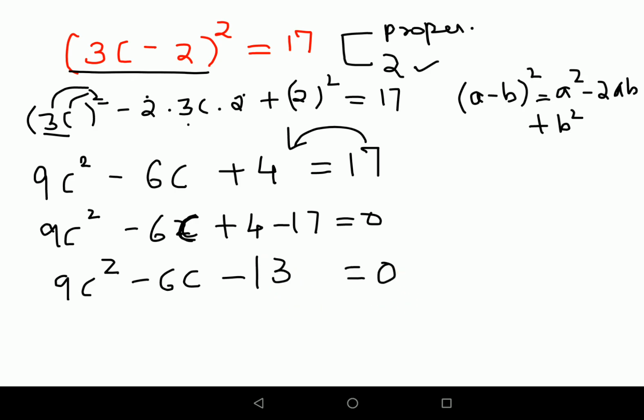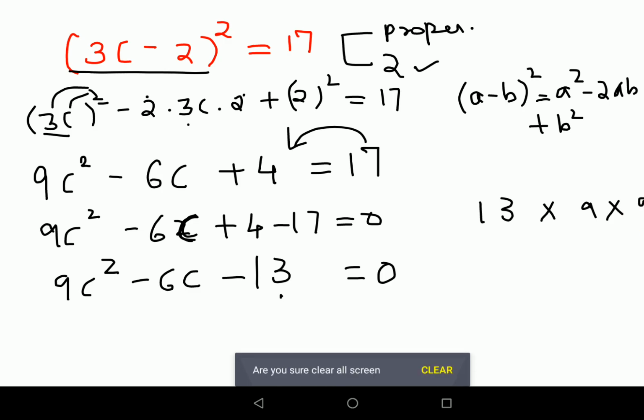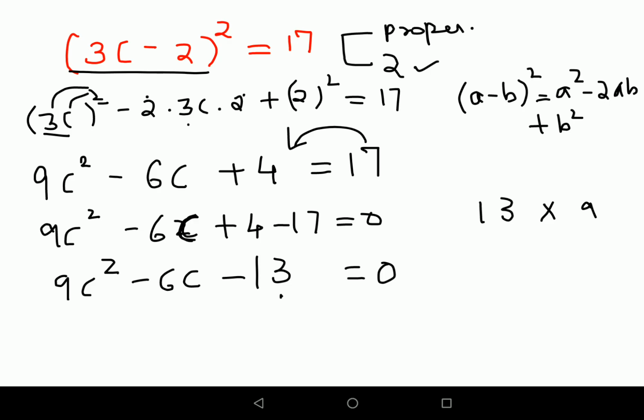Now this is where things will become very tricky, because now if you look, 13 into 9, that's the only thing we have, right? Because in order to find factors you need the coefficient of c square to be either 1, or you multiply whatever coefficient you have with the constant.